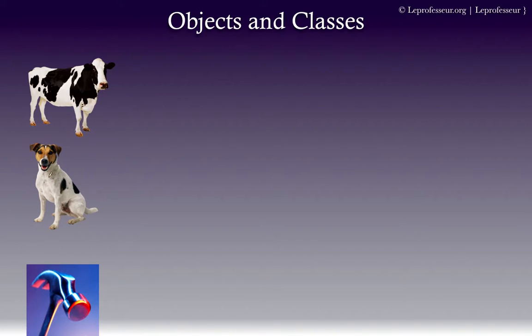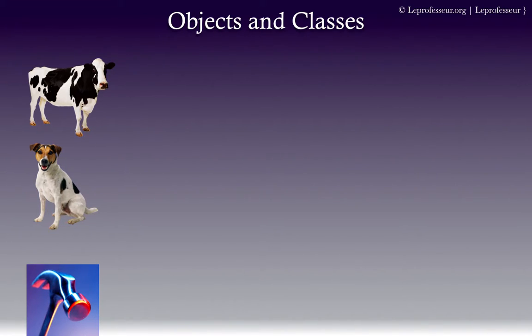In the same way, this other animal has different characteristics, and those belong to a dog. And that third example is an object which is a hammer, which has the characteristics of a hammer, right?